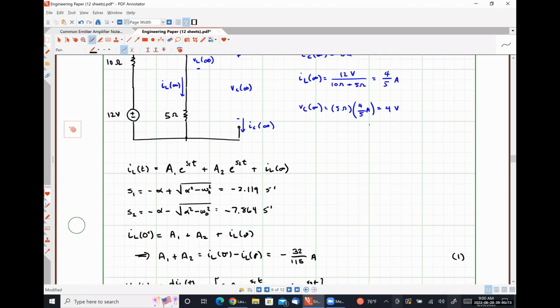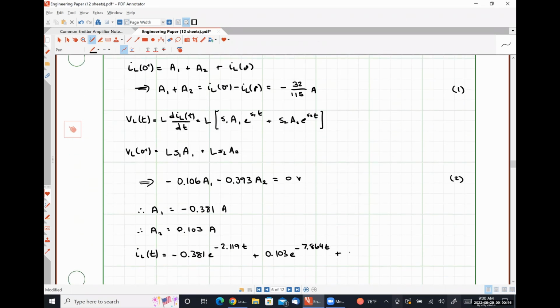Let me scroll up here just to make sure. 0.8 amps.